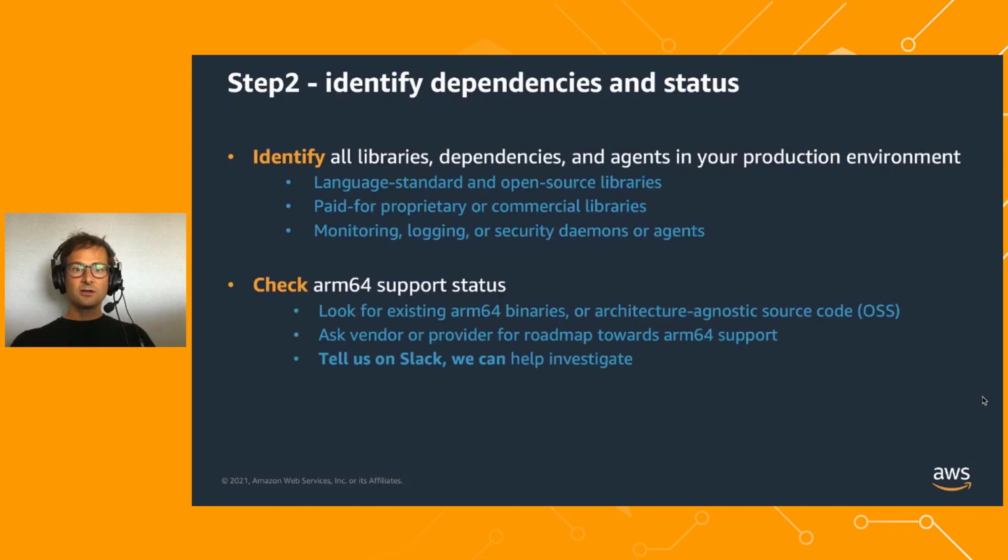Once you're done with learning about Graviton-based instances and you have chosen a workload, the first step is going to be to identify your dependencies and their status. So it means looking at all the libraries and the agents that your application is using in production, all the libraries coming from either the language runtime or the various open source libraries that you're using to build your application.